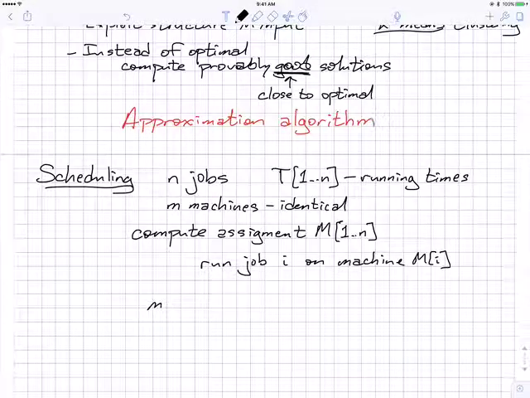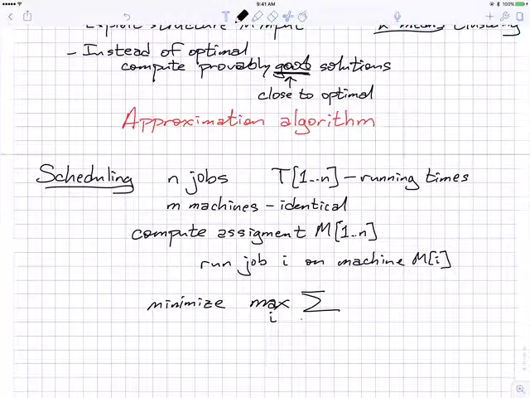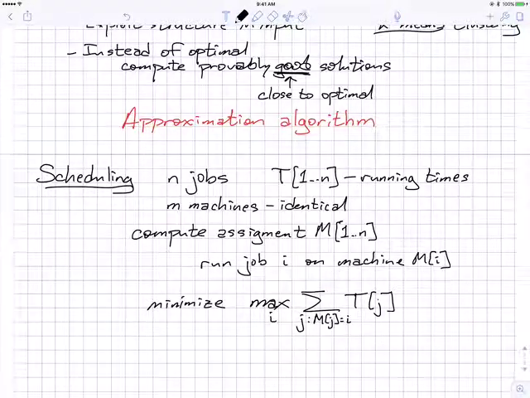And what I want to do is minimize the max over all machines i, the sum over all jobs j such that the machine that job j runs on happens to be i, of the running time for job j. So let me change this. This job j runs on machine M sub j. Okay?